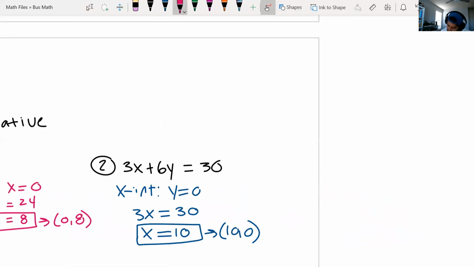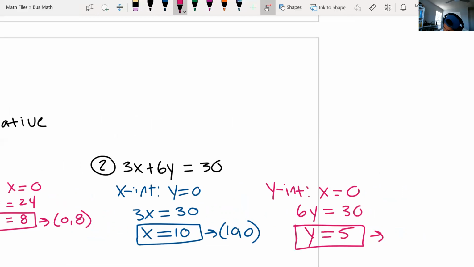And then the y-intercept, 6y equals 30, and y is going to be 5. Good. And we get 0, 5.